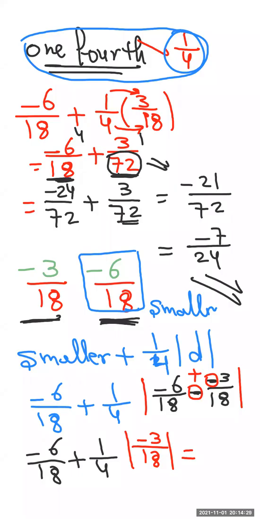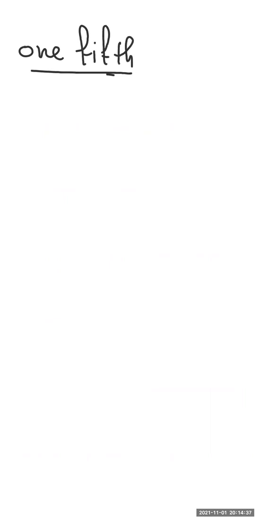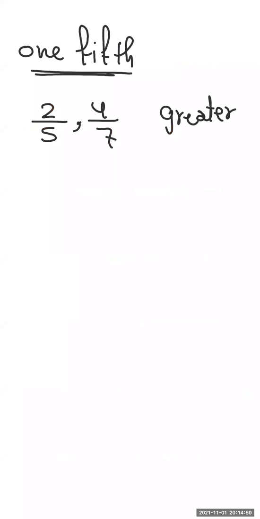The next question. Find the rational number that lies at 1/5 of the way between 2/5 and 4/7 from the side of the greater. 1/5 means 1/5, of course.